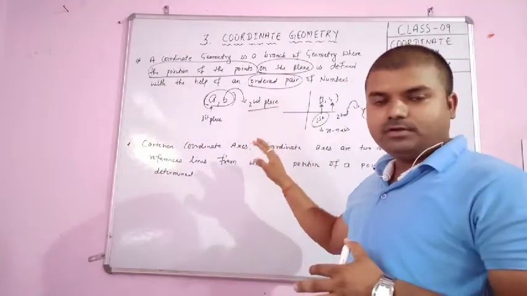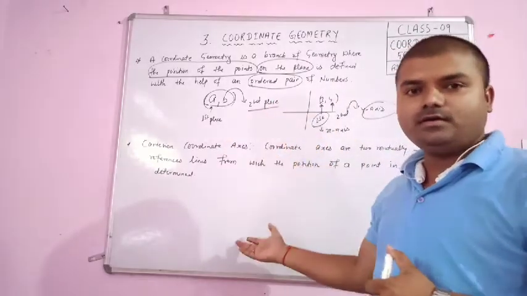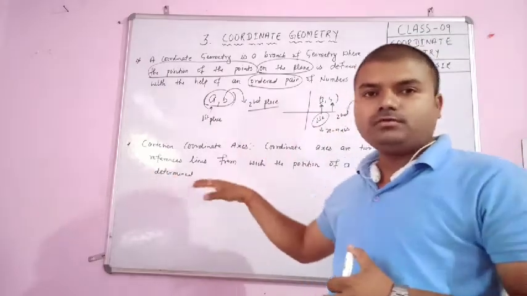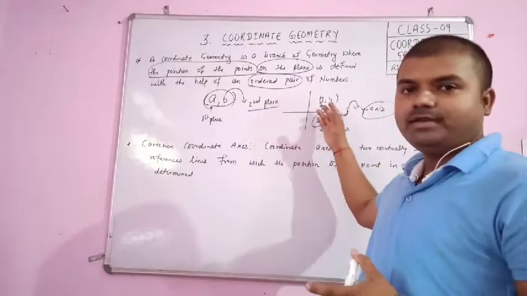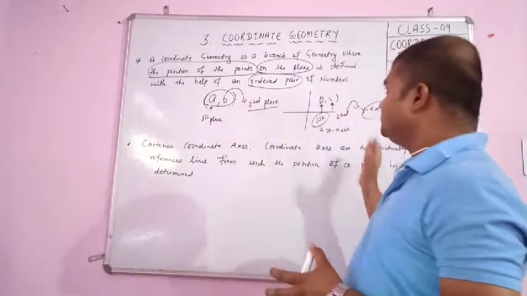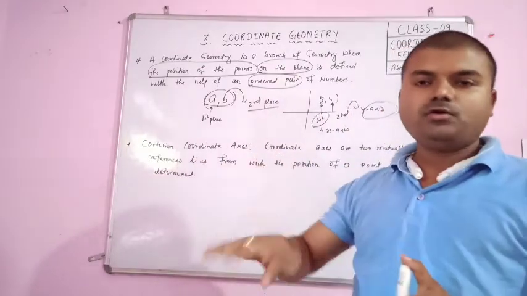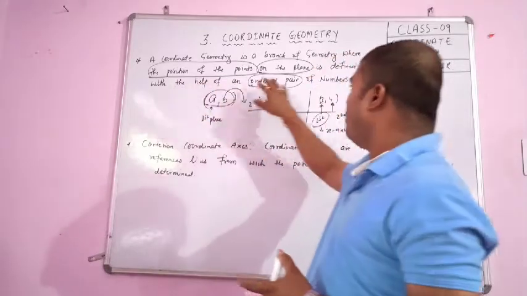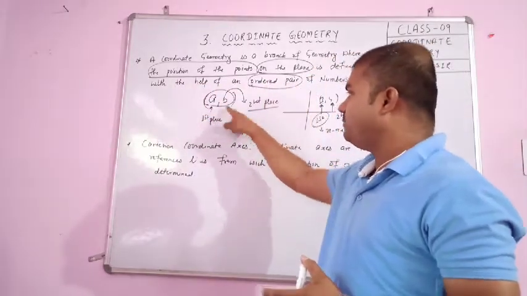Wherever you draw the Cartesian system, that surface is called the plane. Suppose we draw the Cartesian xy-plane on the board, then the board is called the plane. If you draw it in your copy, then the copy is your plane. It is defined with the help of an ordered pair of numbers, that means (3, 4) or (A, B).